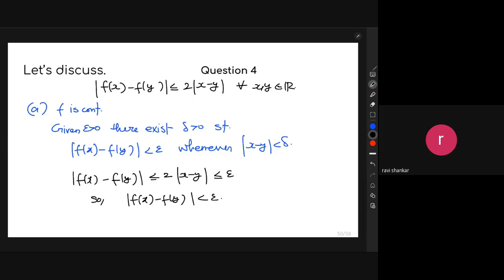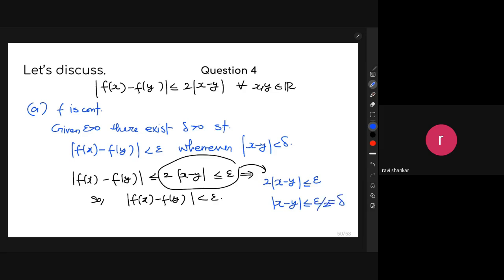So we consider this part only, which gives us that |x - y| is smaller than epsilon by 2.